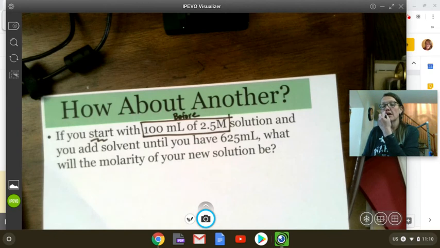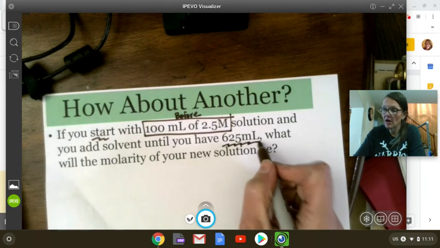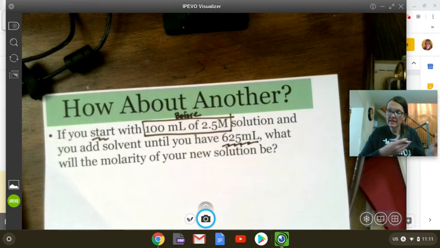If I start with 100 milliliters of a 2.5 molar solution and I add solvent, so I dilute, I add water until I have 625 milliliters, what will the molarity of your new solution be? So what's the concentration of your new solution after you add all of that water, which is essentially what I just did in the orange drink example that I showed you.